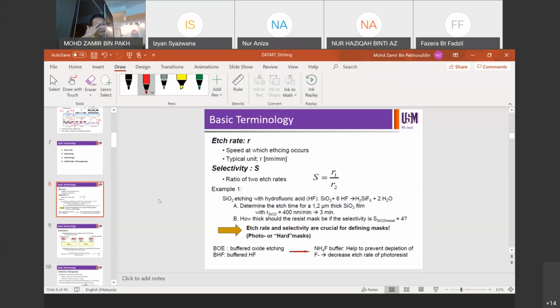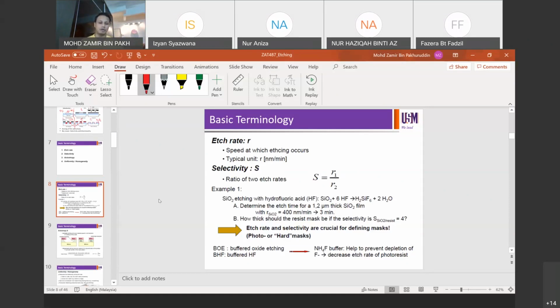It can also be nanometer per second, if it's slow and you can only remove a couple of nanometers per second. That is acceptable as well, as long as your etch rate is reasonable for the removal of material. So it can be in nanometer or micron, over minute, over hour, or over second.